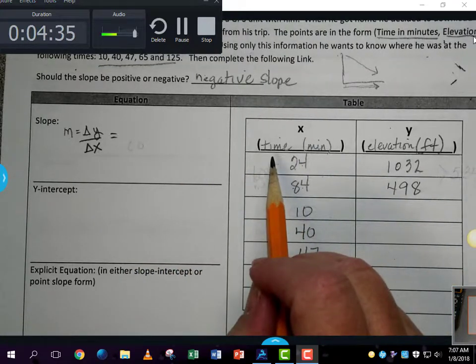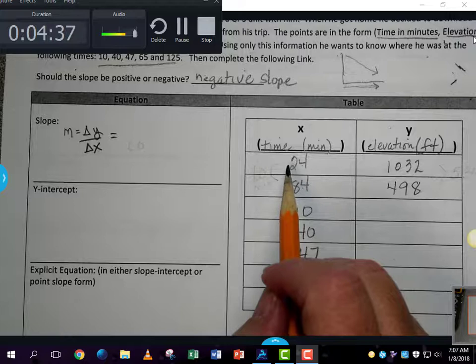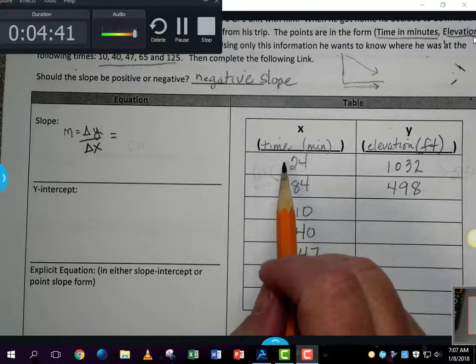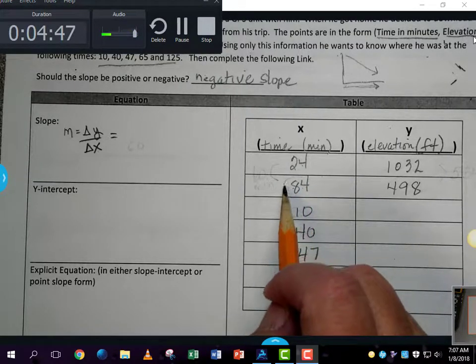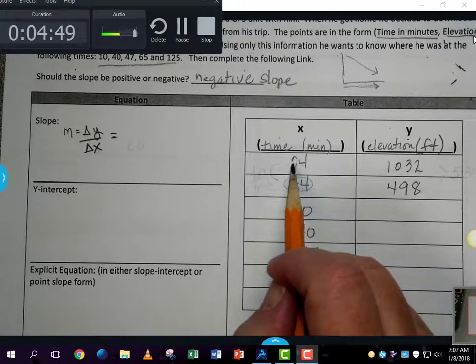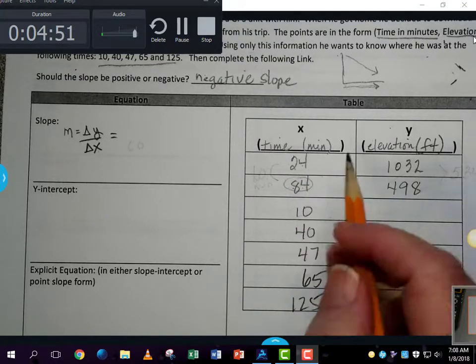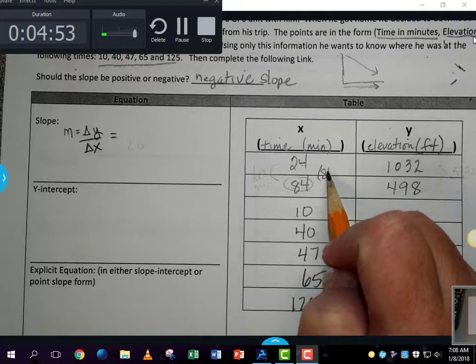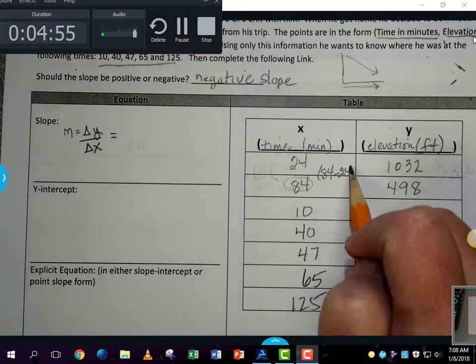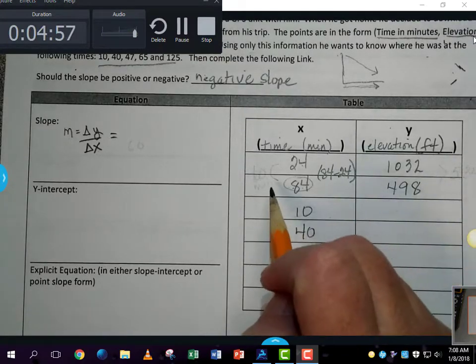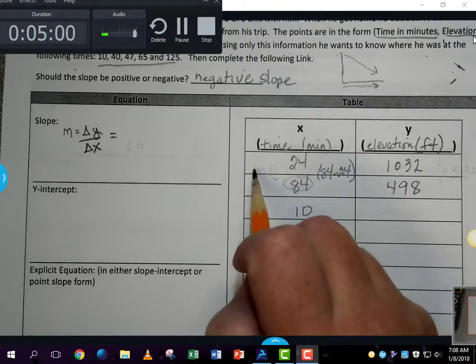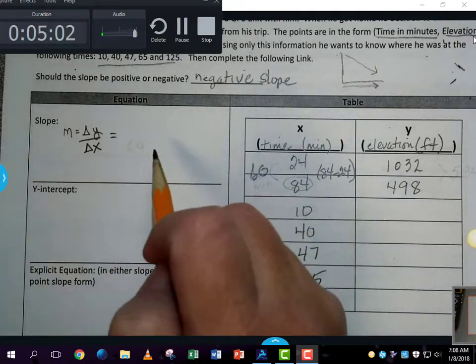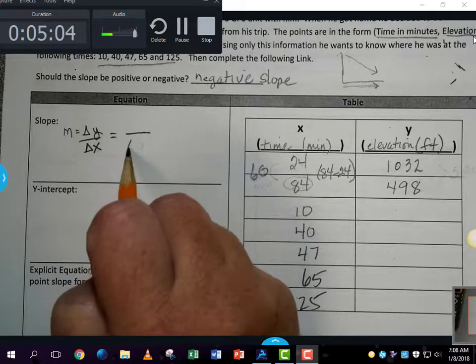For the time, to figure out how many minutes it takes to go from 24 to 84, I am going to take the 84 and subtract the 24. So 84 minus 24 is 60 minutes. That means my change in x is 60.